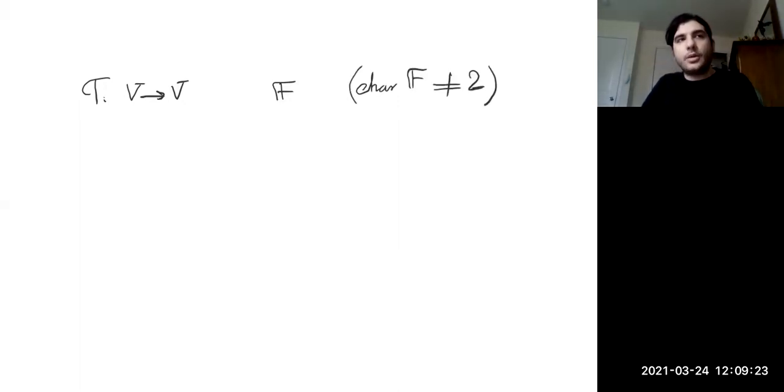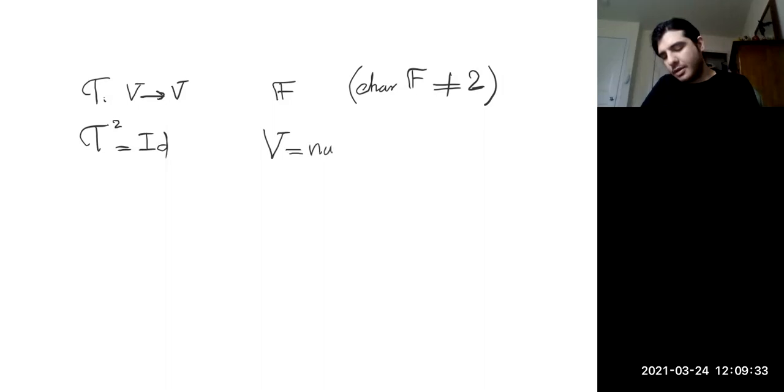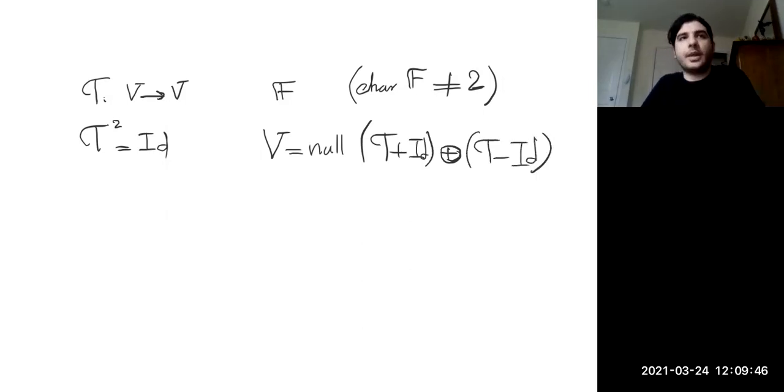And we know T squared is equal to identity. That's part of the information we have. Now we want to show the space V can be written as null of T plus identity plus null of T minus identity.